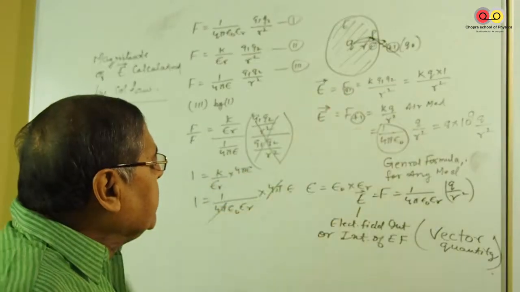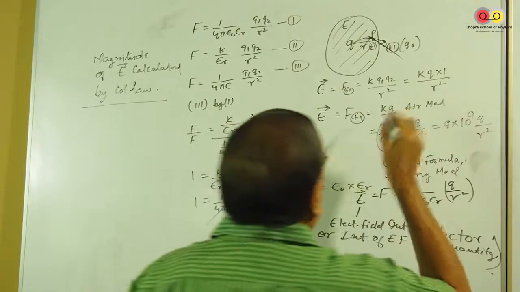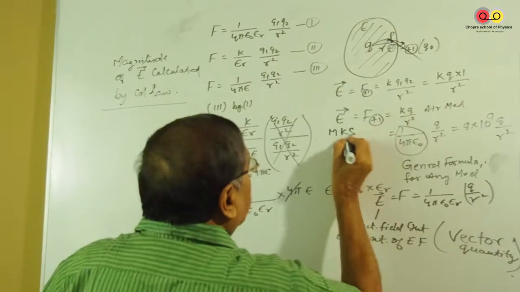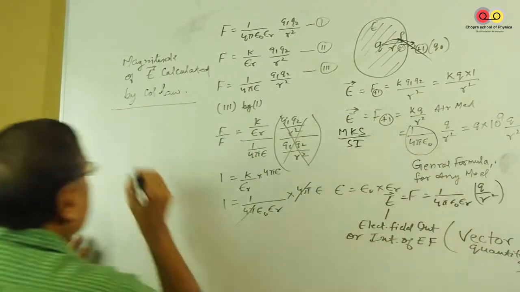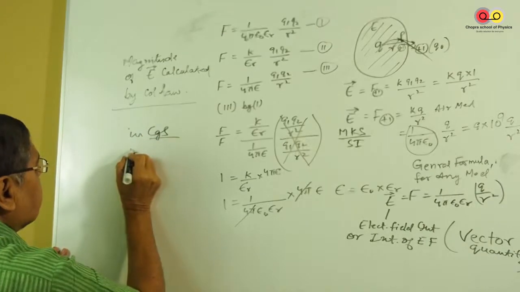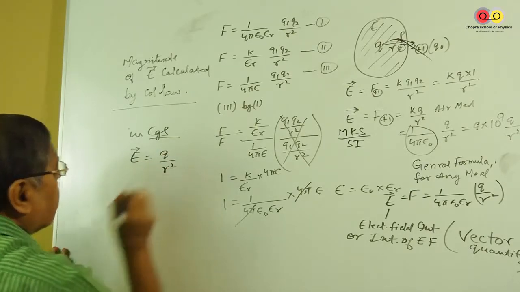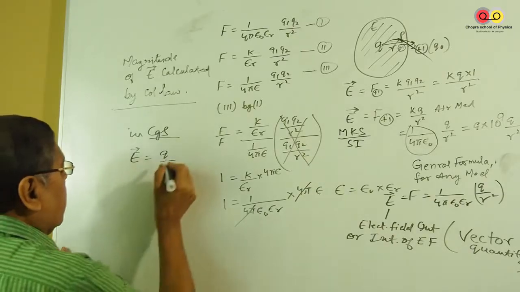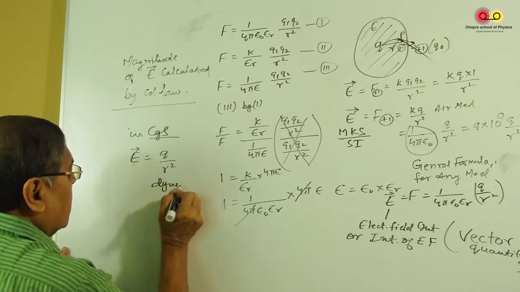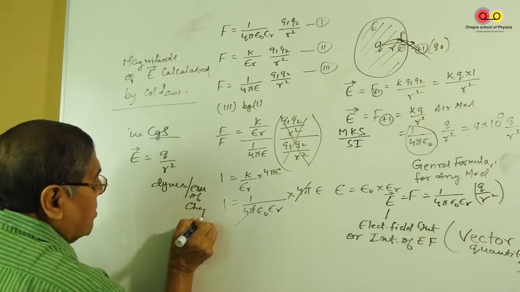This is all about the intensity of electric field, and all this discussion we have done in the MKS or SI system. In the CGS system, electric intensity is simply Q over R square, and here electric intensity will be in dynes per ESU of charge.